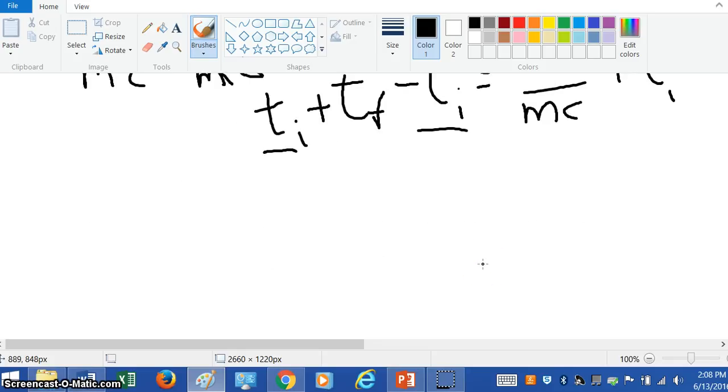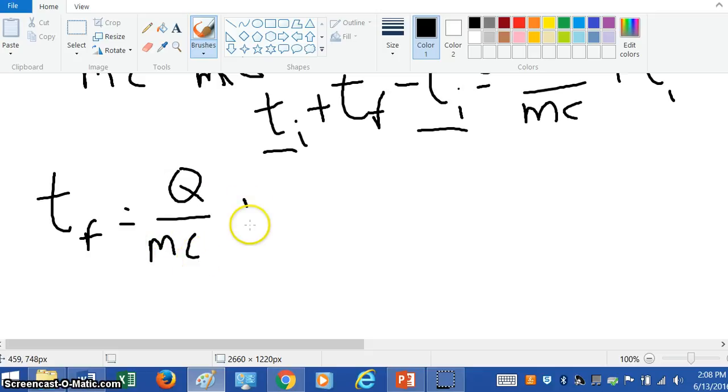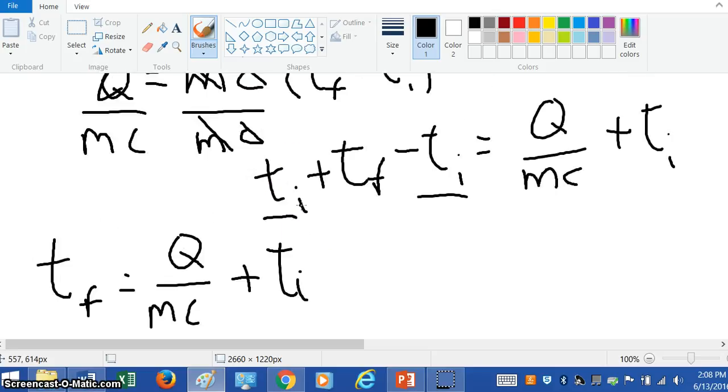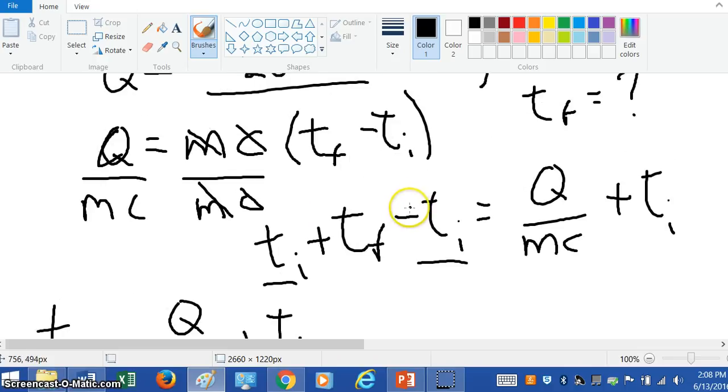And so T final, the final temperature, is going to be Q over MC, and in this case, since we added T initial to both sides, plus T initial. All right, and notice on the right-hand side, we have the values for all that, and we just have to put them in.